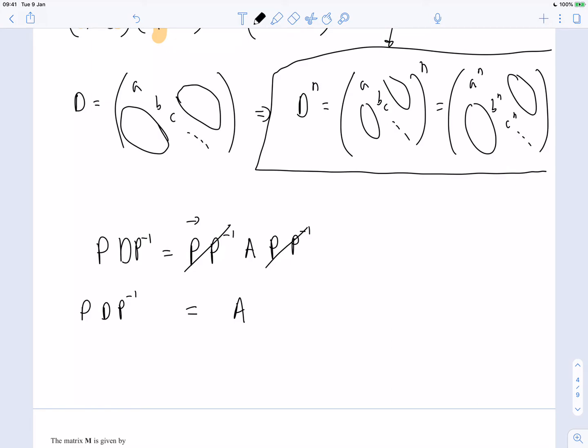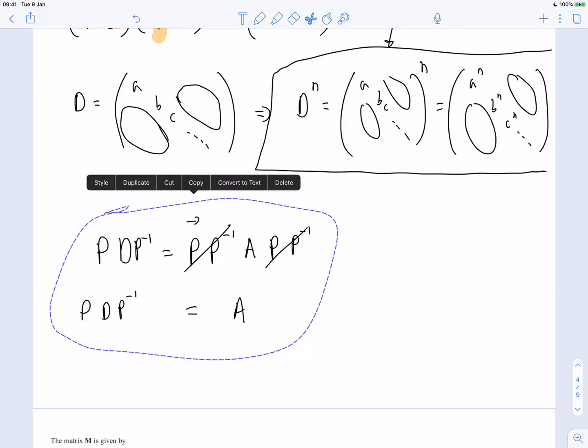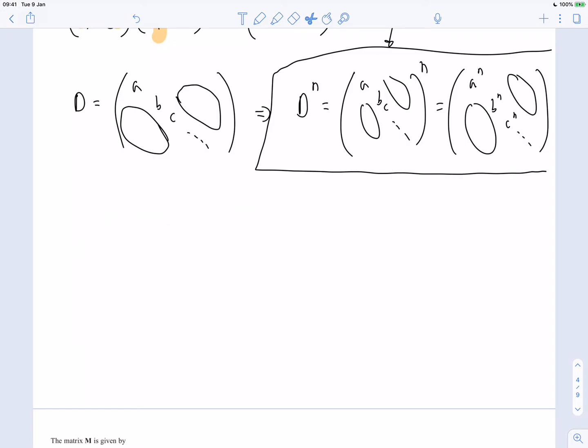And you can work backwards quite happily with that. It's just nice.